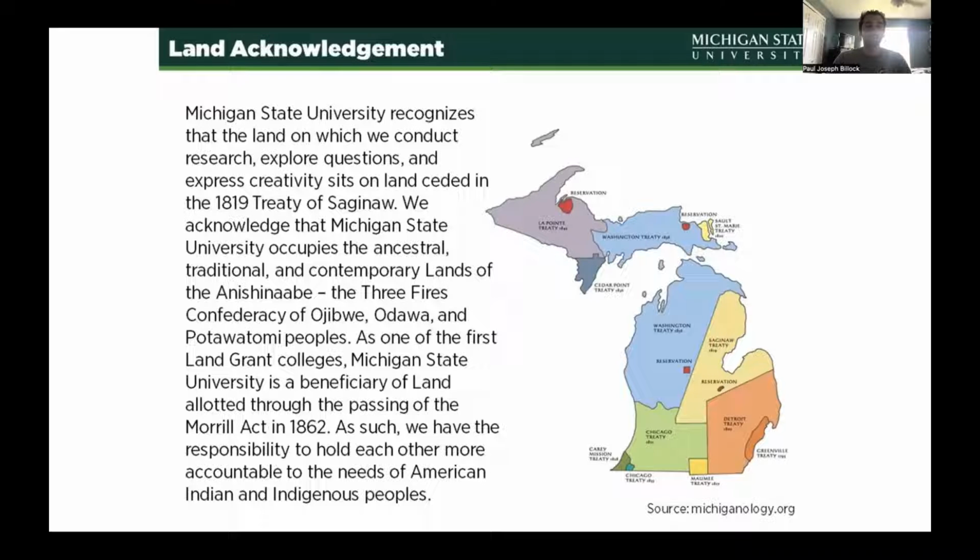As one of the first land-grant colleges, Michigan State University is a beneficiary of land allotted through the passing of the Morrill Act in 1862. Of such, we have the responsibility to hold each other more accountable to the needs of the American Indian and Indigenous peoples.